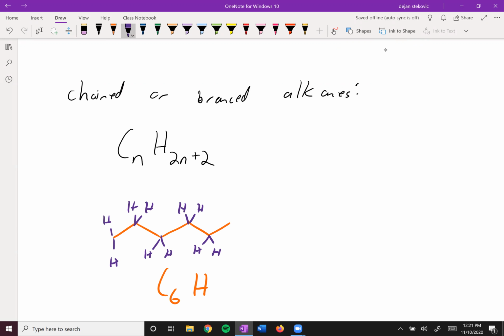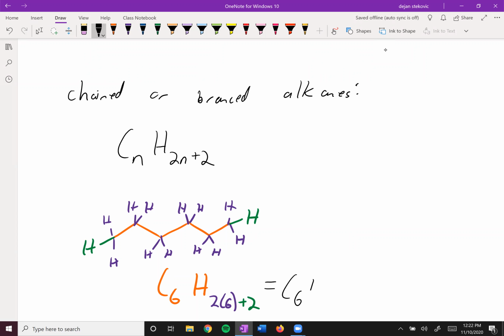And so that's where the 2N comes from. So in this case, it's 2 times 6. And then also at the end points of these carbons, there's going to be an extra 2 hydrogens because we don't have carbon-carbon bonds here. And so that's where this plus 2 comes from.